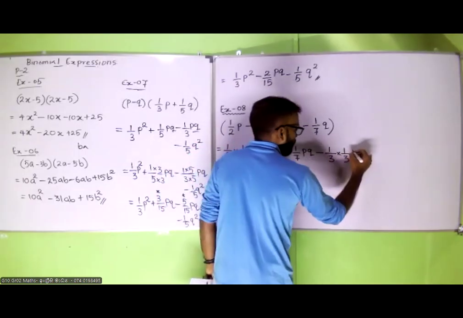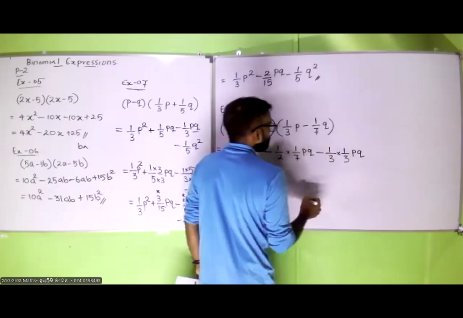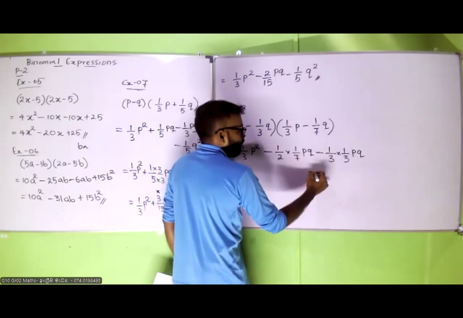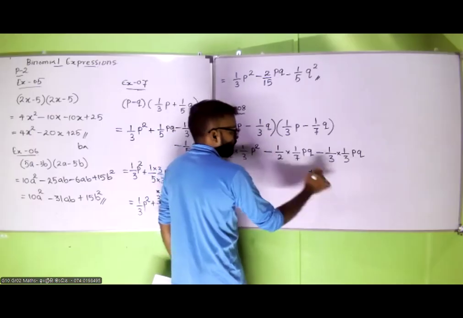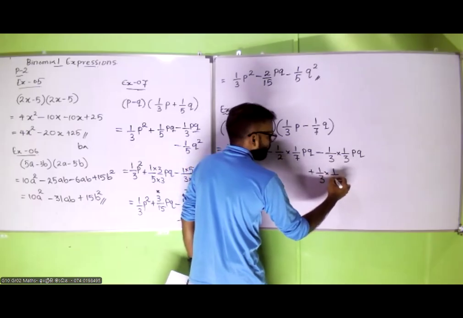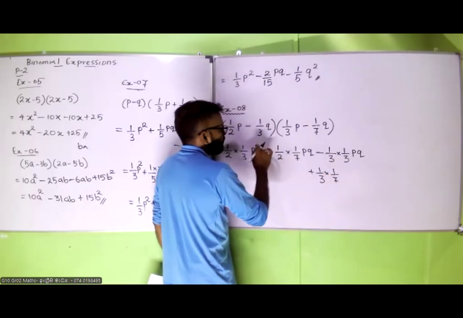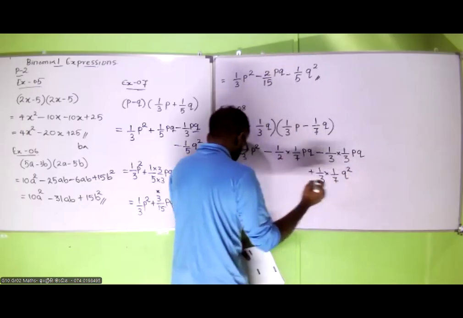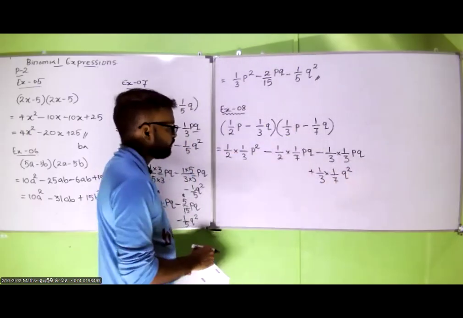QP minus QP means PQ. Negative into negative, positive 1 upon 3 into 1 upon 7. Q into Q, Q square.